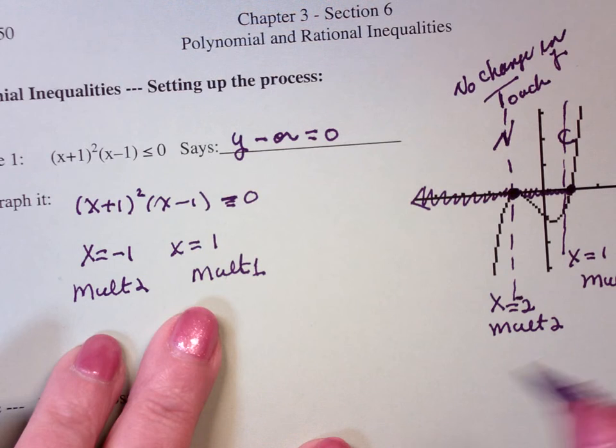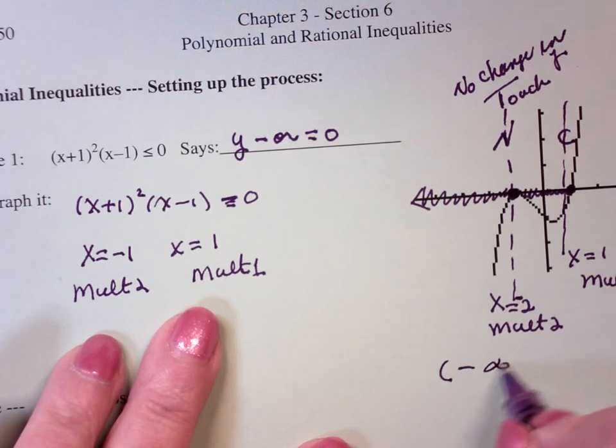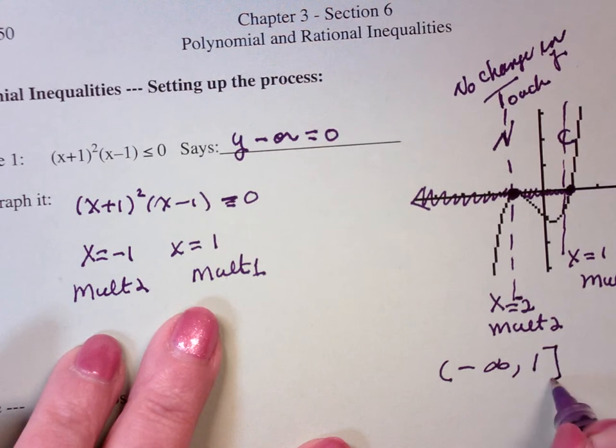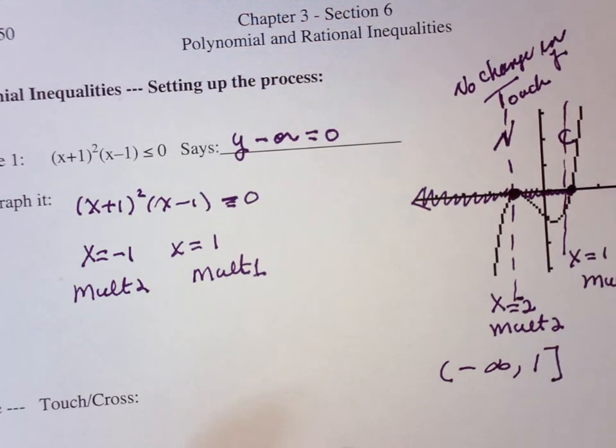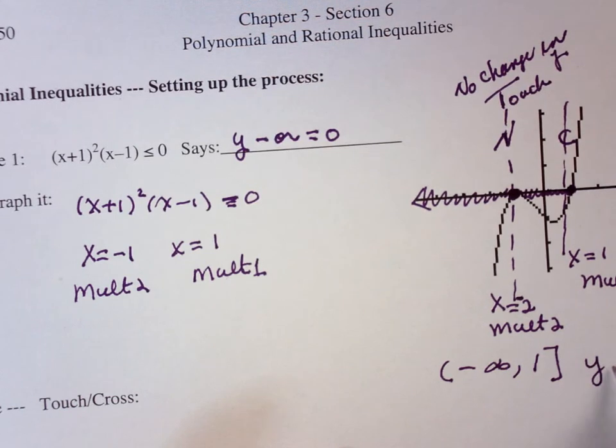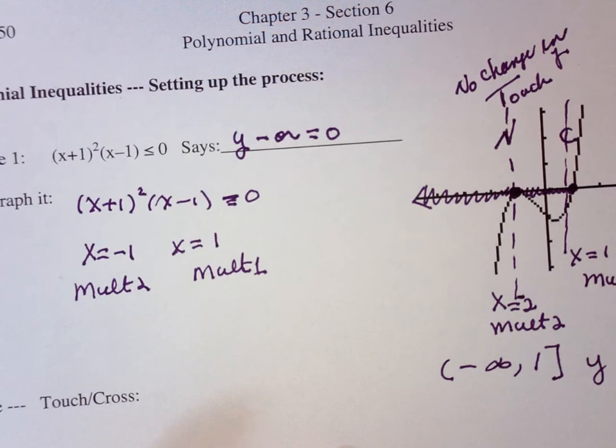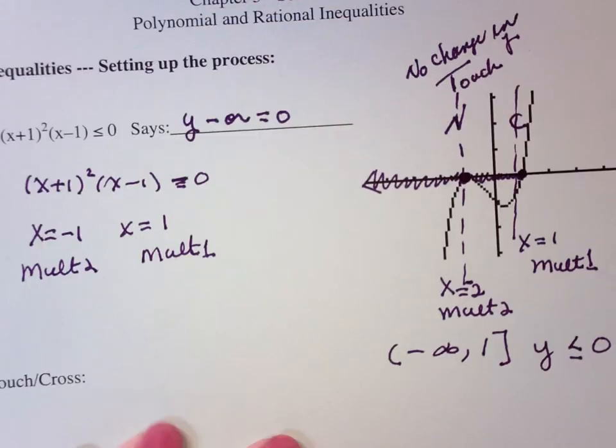And the answer is in terms of x values, that for x equal -infinity to +1, including, because it includes the x-intercepts, y is less than or equal to 0.